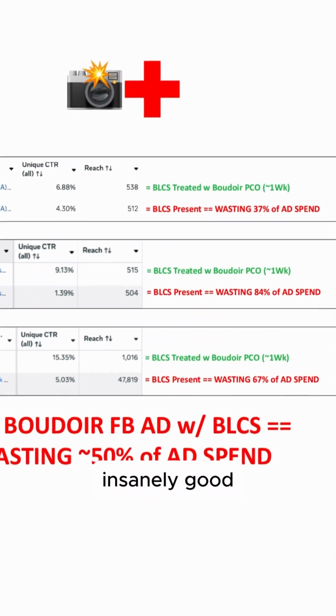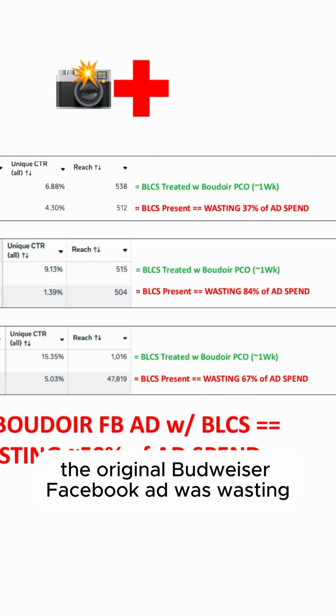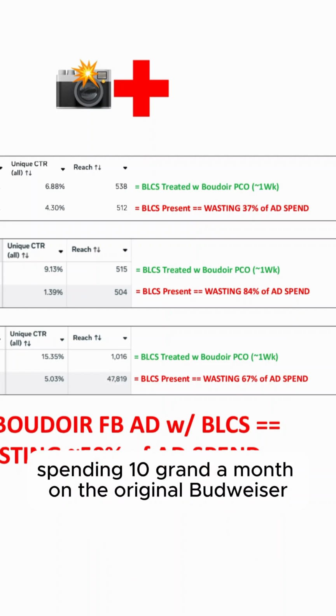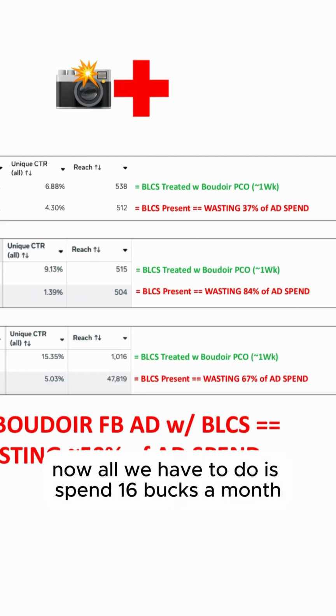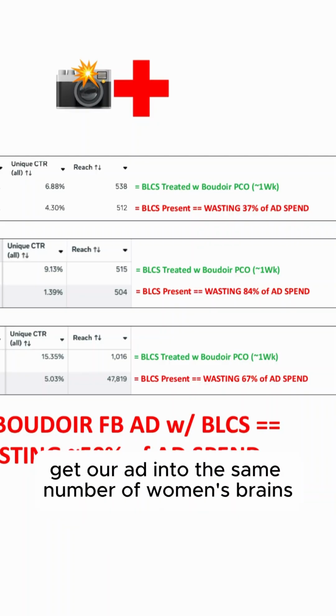Insanely good. And so we found out that the original Boudoir Facebook ad was wasting 84% of its ad spend.